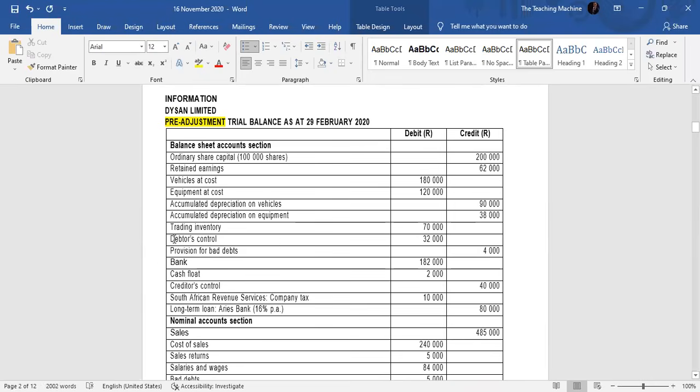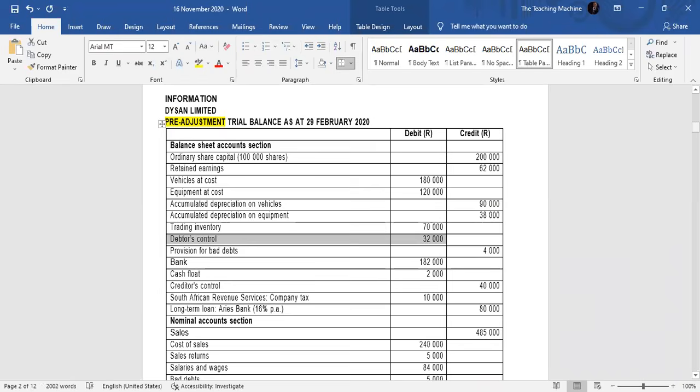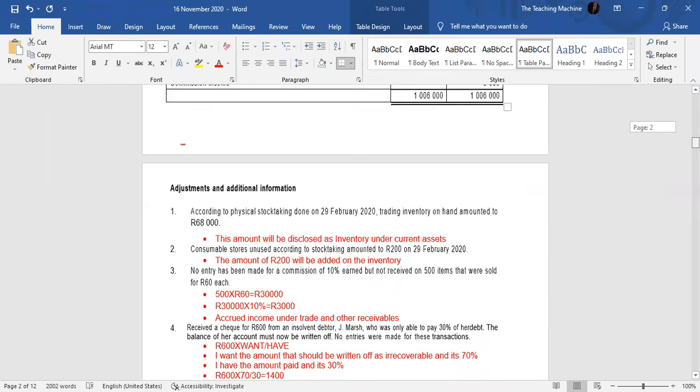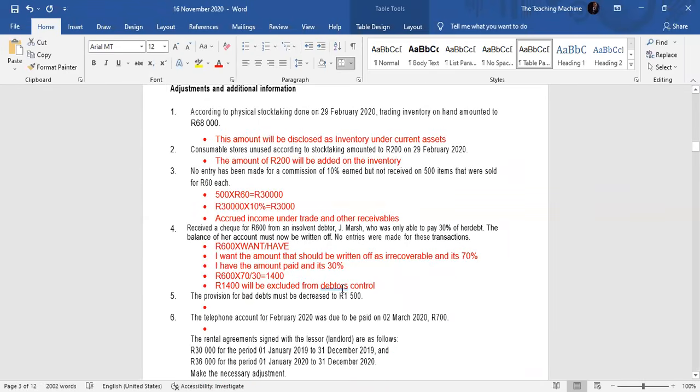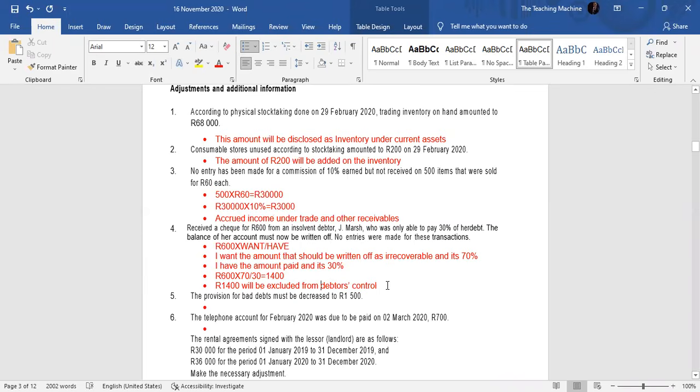You are given the debtors control as 32,000, but there's 1.4 that will not be collected. So it should be 32,000 minus 1.4 on the statement of financial position under trade and other receivables. Now I just want to pause and allow students to ask questions.